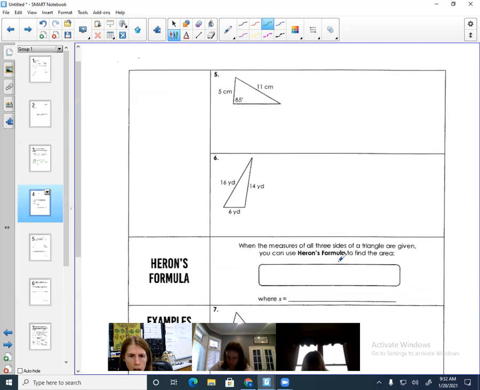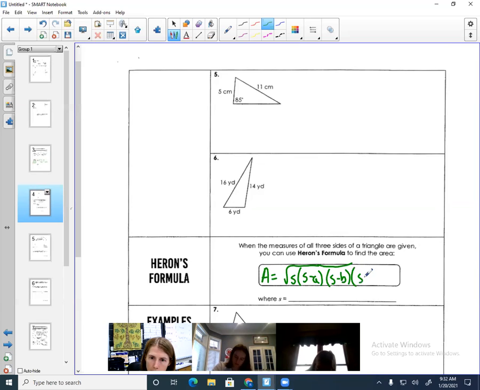Heron's formula. I'm gonna give it to you. You do not need to figure out how it was developed. I'm gonna write down area, or A, equals the square root of S times (S minus A) times (S minus B) times (S minus C).